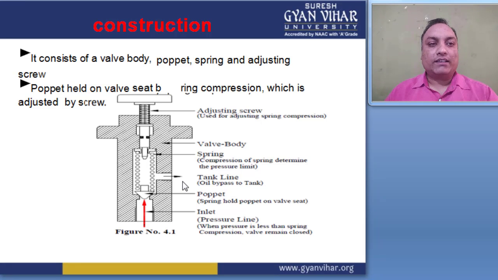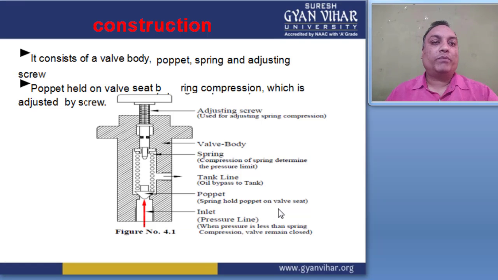from this line, oil bypasses to the tank, and this is the poppet. This performs the main function of opening and closing the valve, and this always acts as spring loaded, right?